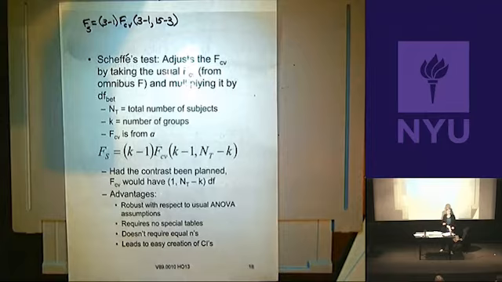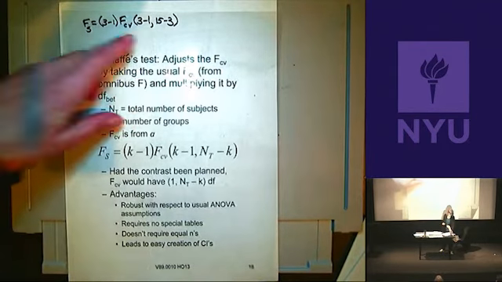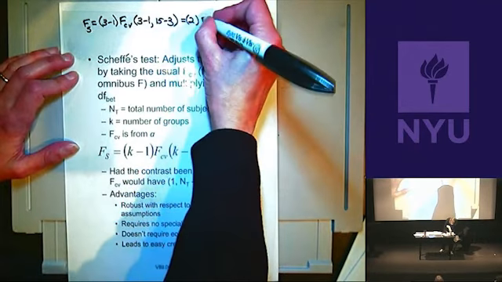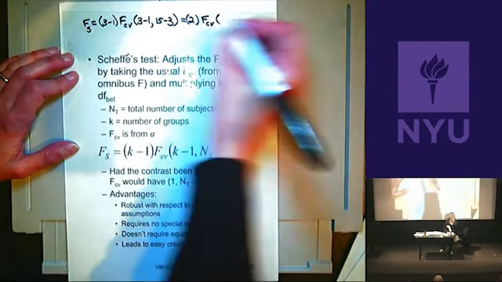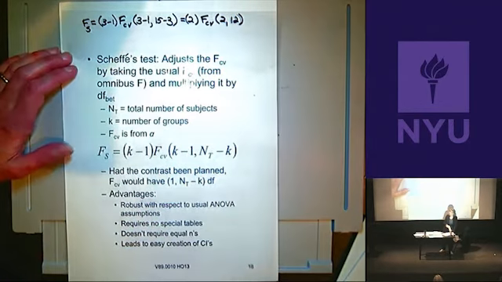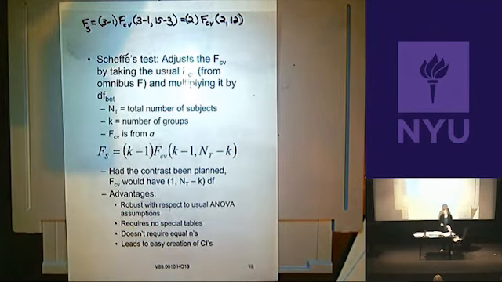Okay. Does this look familiar? It should. What is this? 2 and 12. That's right. It's the critical value for the original ANOVA.